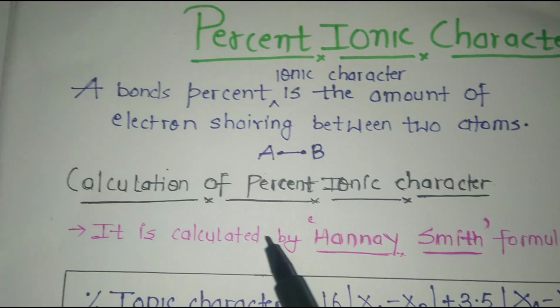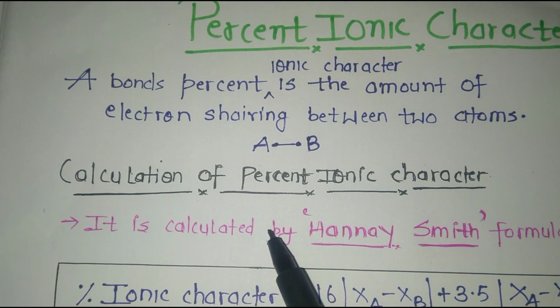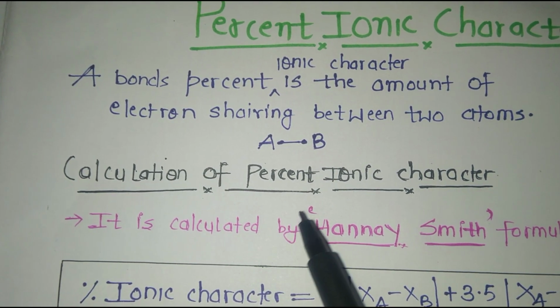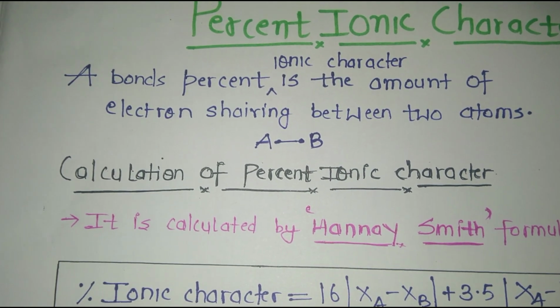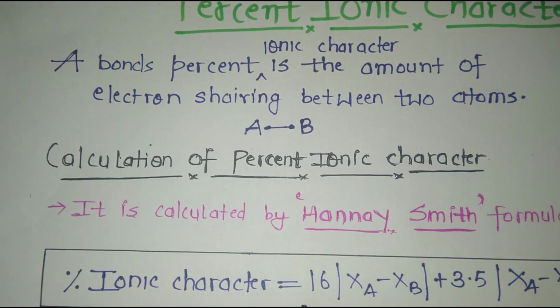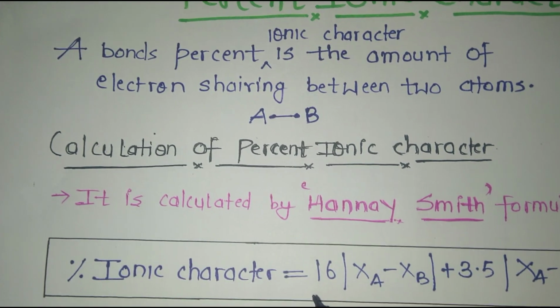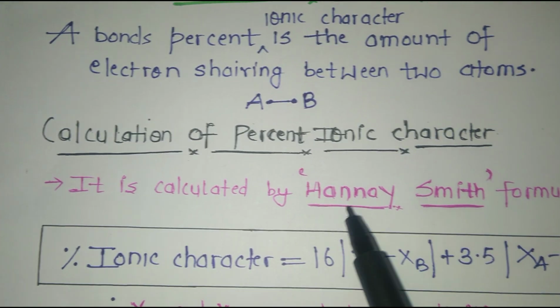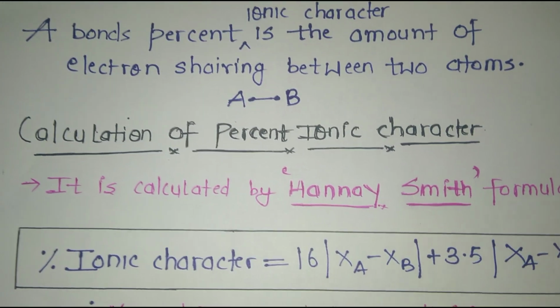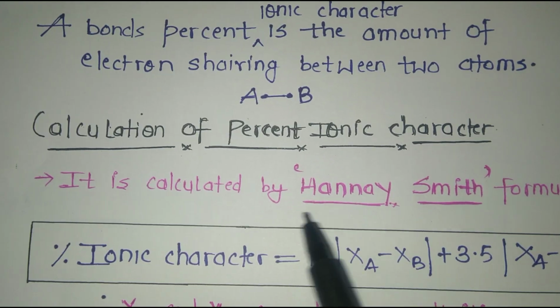Clear? Now, a question comes to our mind: can we calculate the percent ionic character present in a given compound? So the answer is yes. Calculation of percent ionic character is done by the Hannay-Smith formula.